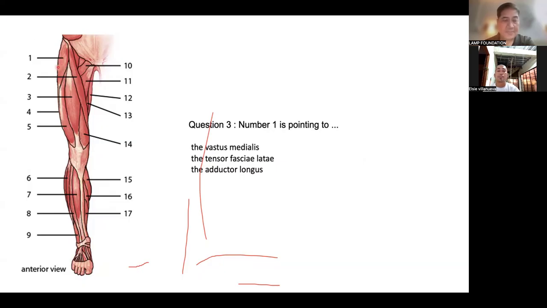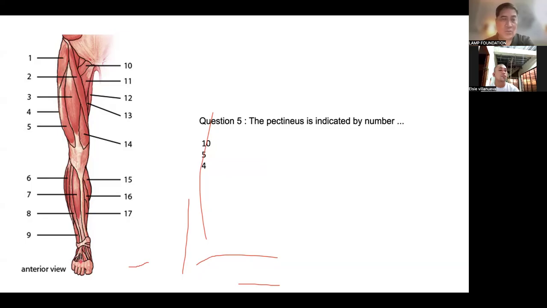Number 1 is the tensor fasciae latae. Number 8 is the extensor digitorum longus. So now you know how it works, no? Digits, so it extends the toes, right? Yes. Pectineus is what number?